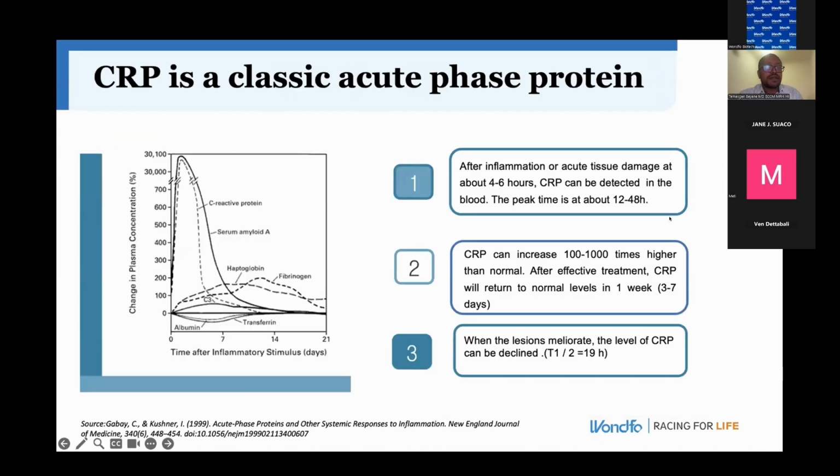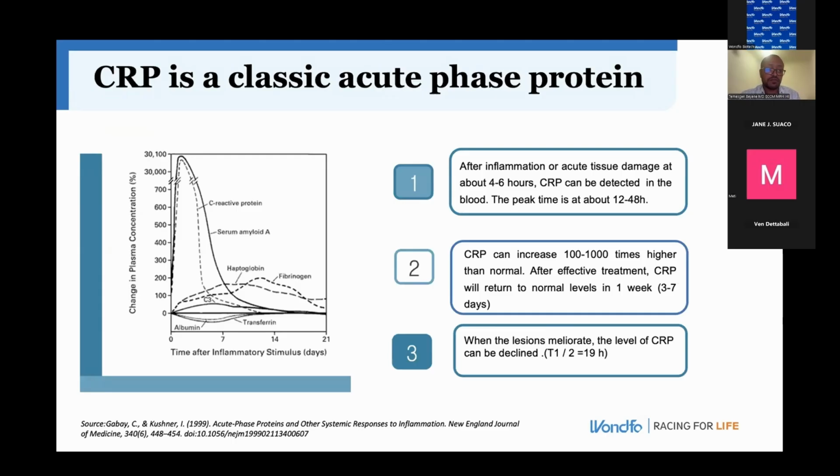It's a classic acute phase protein from an inflammatory point of view. It can help us look into tissue damage. It can rise as early as within a few hours, and it peaks quickly.